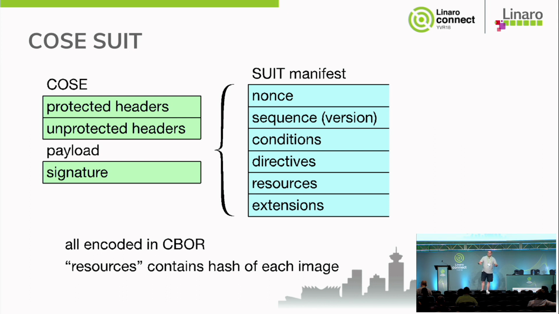In addition to this, there's no signature in the Suit manifest. It's just data. There's another standard called COSE or COSA, depending on who you ask. It gets pronounced differently, which is a way of having blocks of CBOR data that are protected by signatures, possible encryption, and some other things. It's a pretty complicated spec, and it allows a lot of flexibility as far as you can have multiple signatures. You can add signatures of parts of the data later.